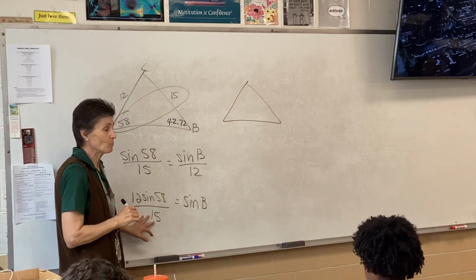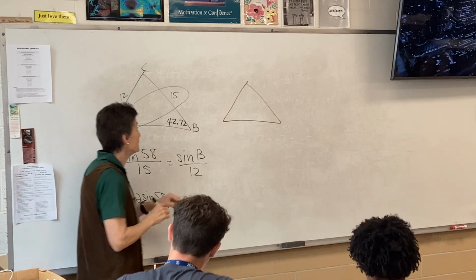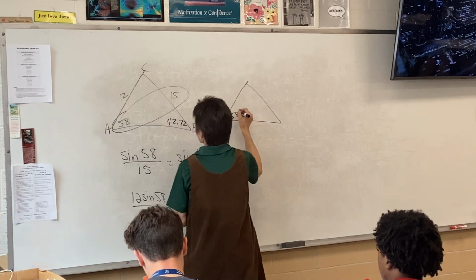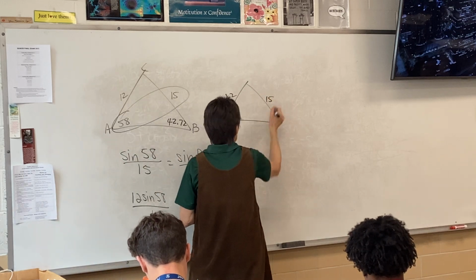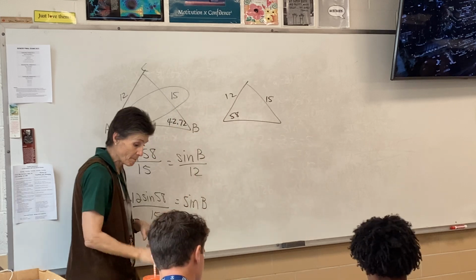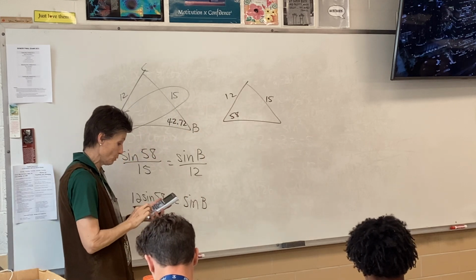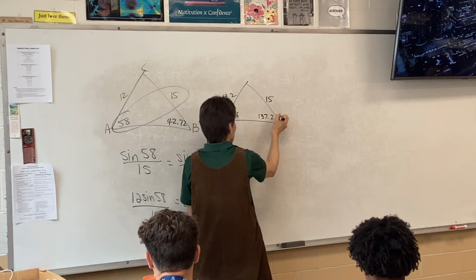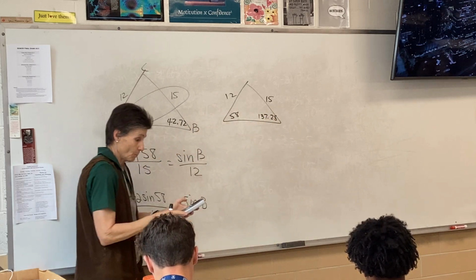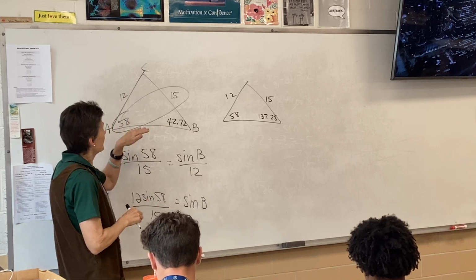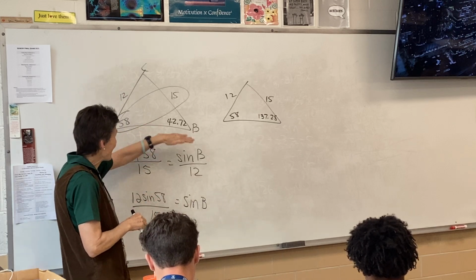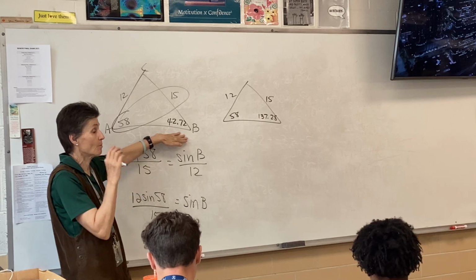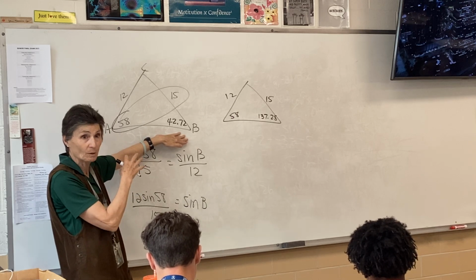One of them is in quadrant 1, 42, and one of them is in quadrant 2, which is 180 minus 42. So that would be 137.28. So here's the deal. Law of sines flat out gave me this answer. So that triangle is possible.